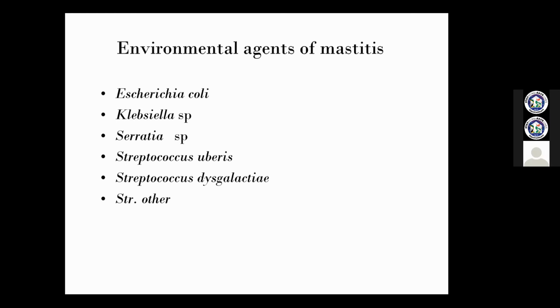The upcoming problem in South Africa, Streptococcus uberis, you know, that's a problem in New Zealand. We'll look shortly at that. And then Strep dysgalactiae, although it was classified as a contagious agent, it's now more believed to be also connected to the environment.